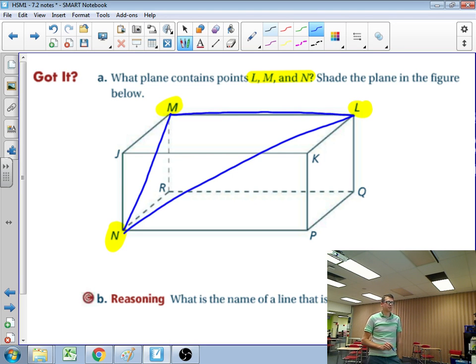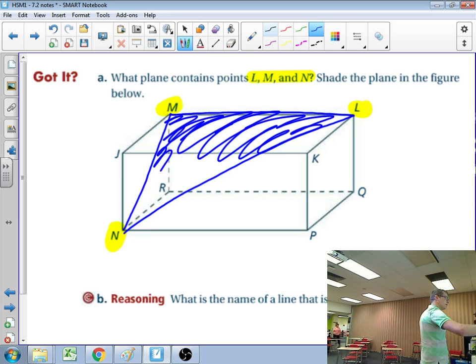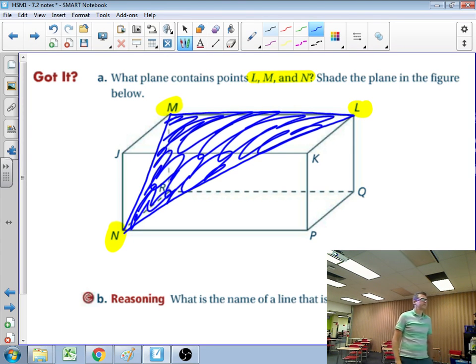I have a diagonal plane that connects all 3 of those, and then shade it. So it would look something like that.